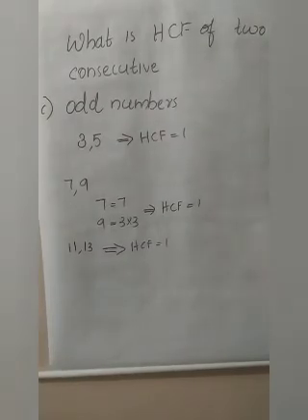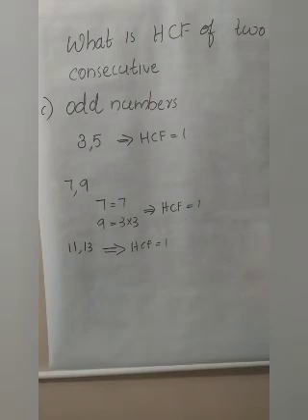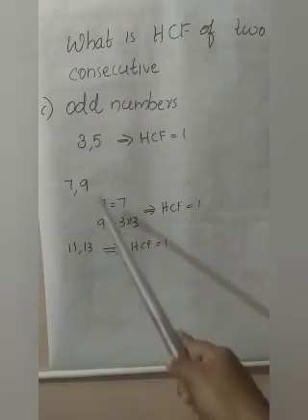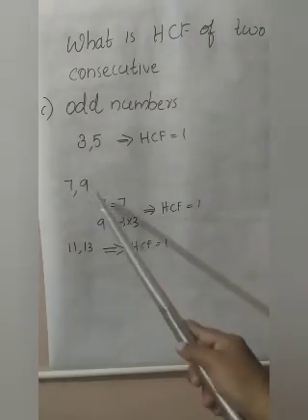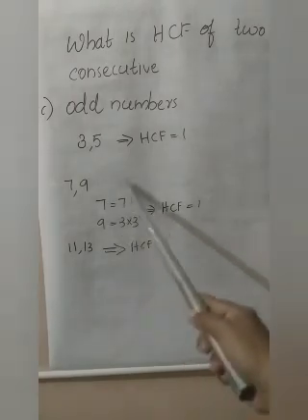What is the HCF of two consecutive odd numbers? See, most of the odd numbers will be prime, so you can find it clearly. First I am taking 3 and 5. Both 3 and 5 are prime. So what will be common between them? 1. Now 7 and 9. 7 is a prime number. 9 is not a prime, it is composite. But after factorizing 9, is there anything common between 7 and 9?